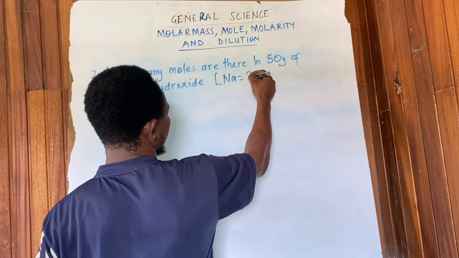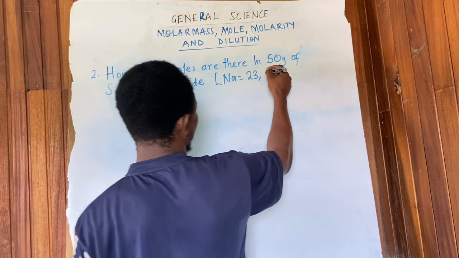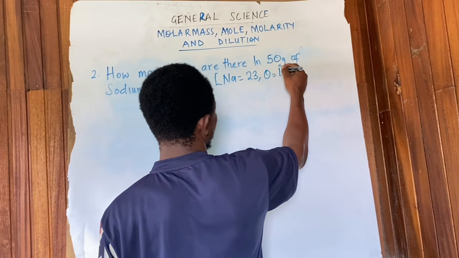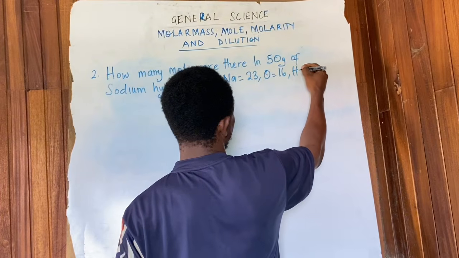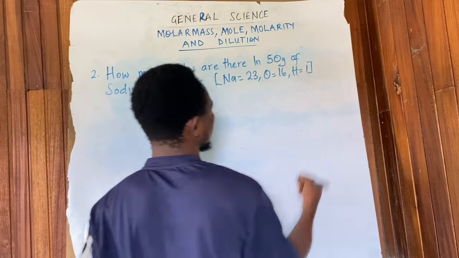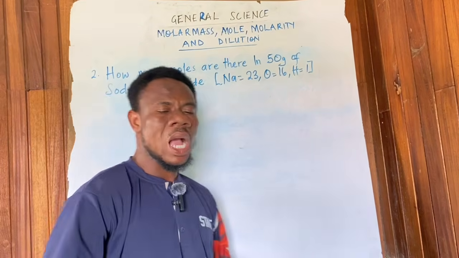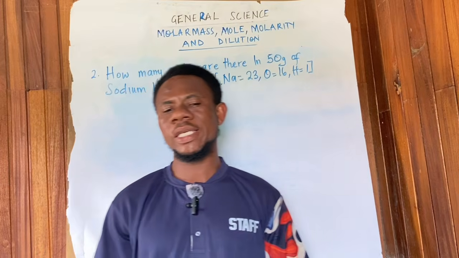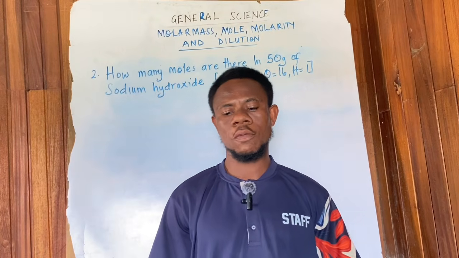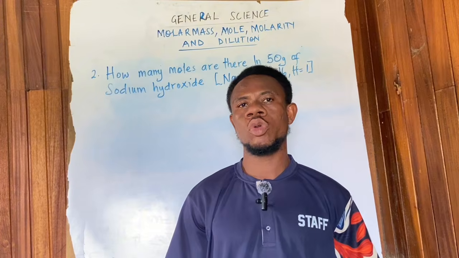Na is 23, O is 16, H is equal to 1. So how many moles are there in 50 grams of sodium hydroxide?